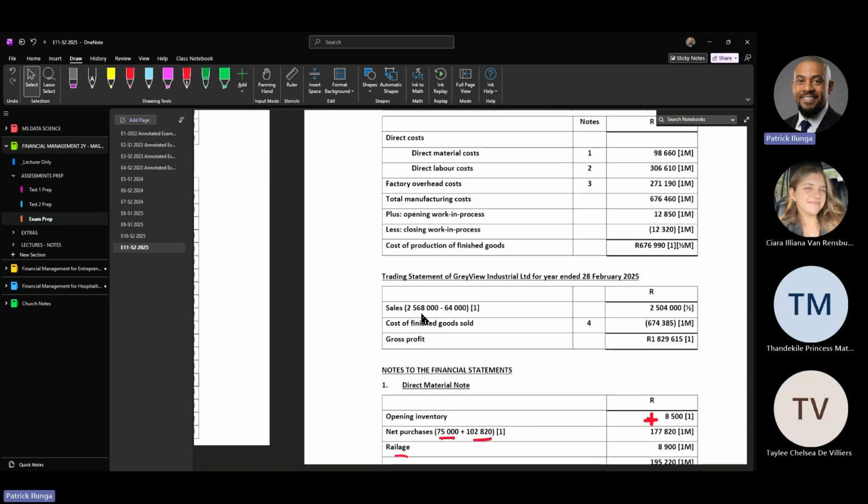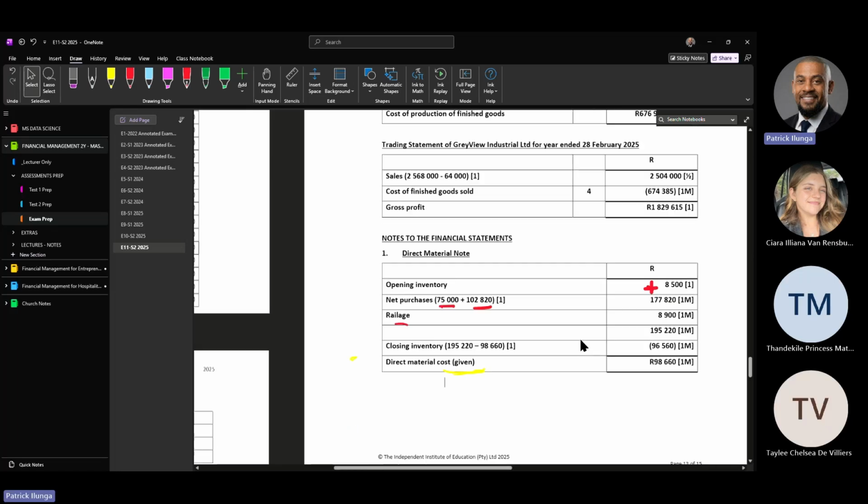Because if you see sales return, it should tell you already, wait a minute, if they return sales, I need to minus that because it's not the net sales. I need to find what the net sales is, right? Minus the cost of finished goods sold, that will give you the gross profit. Does that make sense, guys?